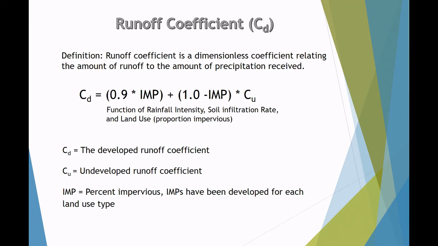For example, if we have a concrete channel area that has an IMP value of 1, you plug that 1 into the equation and you will get the maximum runoff coefficient of 0.9. Another parameter in this equation, CU, is a runoff coefficient of an undeveloped area. It is dependent upon the soil types and rainfall intensity.